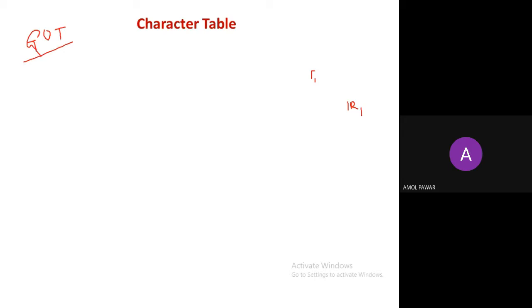What are the contents present in the character table? In a character table, there are 4 columns and 6 parts. Now, which 6 parts are there?